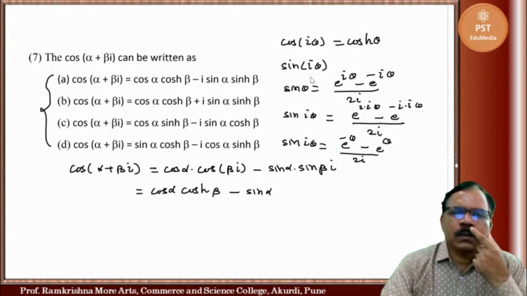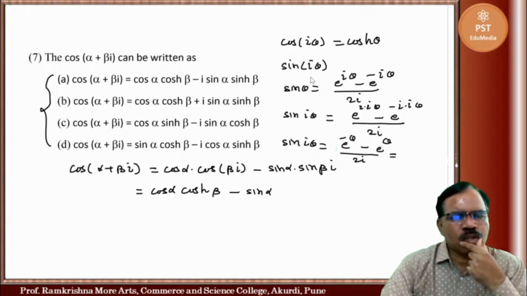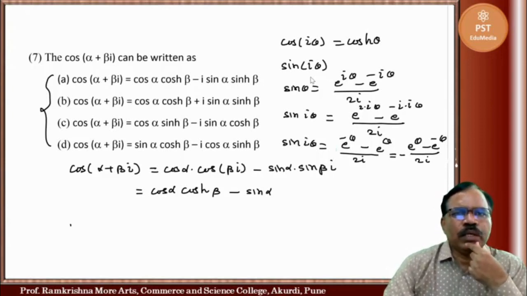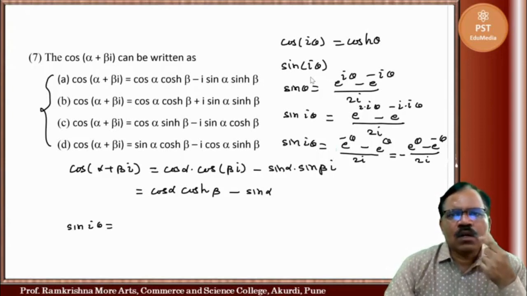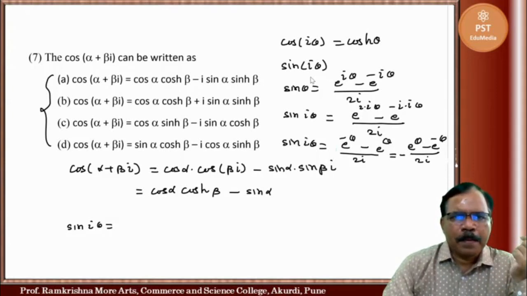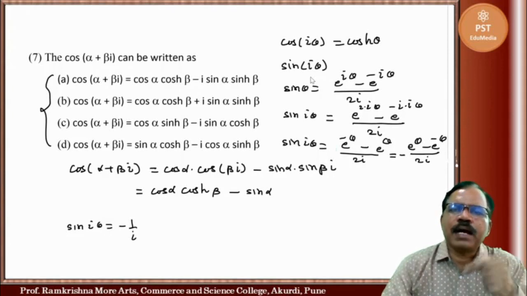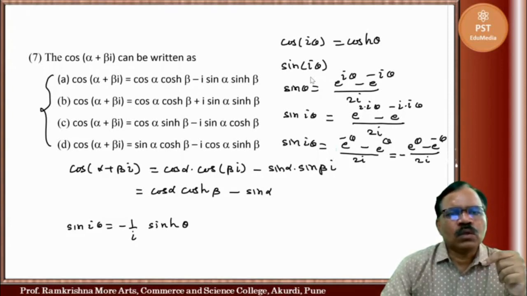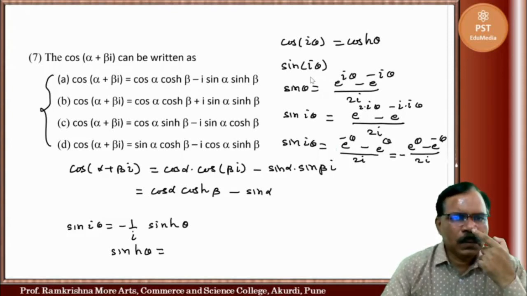So you can have this as (e raised to θ minus e raised to minus θ) upon 2i with minus sign. So we have sin iθ equal to minus 1 upon i times (e raised to θ minus e raised to minus θ) upon 2, which is called sin hyperbolic θ.